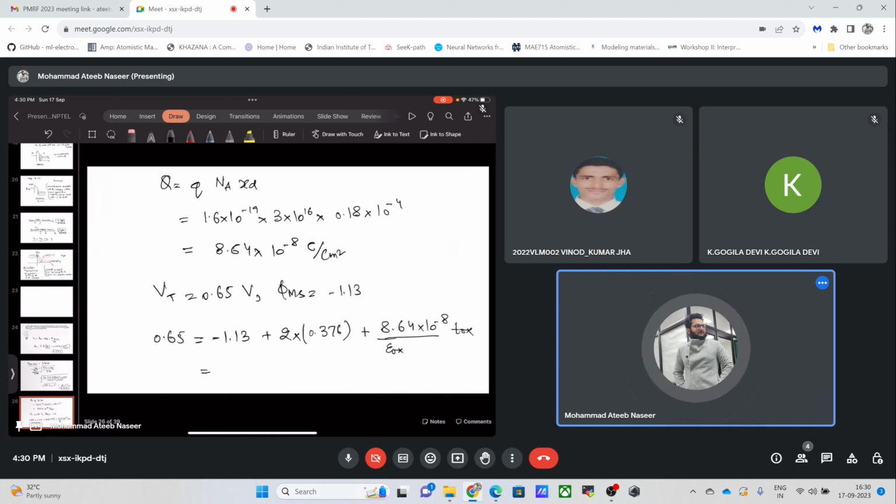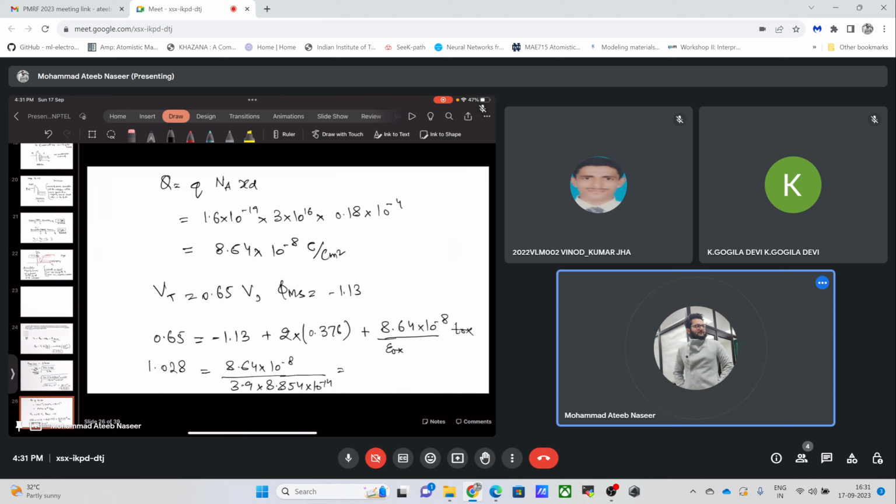So it simply means that 0.65 plus 1.13 minus 2 into 0.376 is 1.028, equal to 8.64 into 10 raised to the power minus 8 times Tox divided by epsilon ox. Epsilon ox is simply 3.9 into 8.854 into 10 raised to the power minus 14.